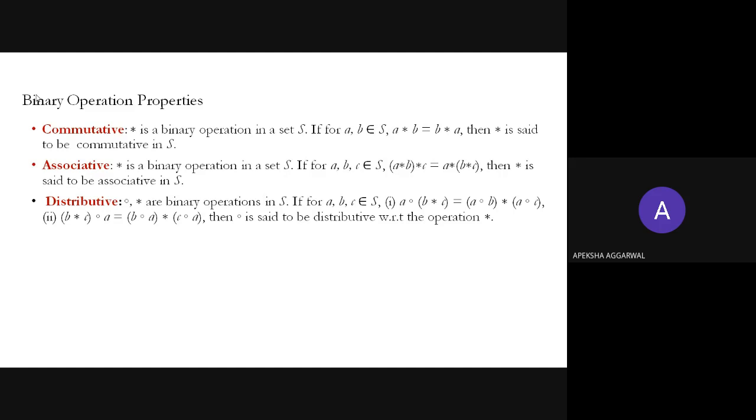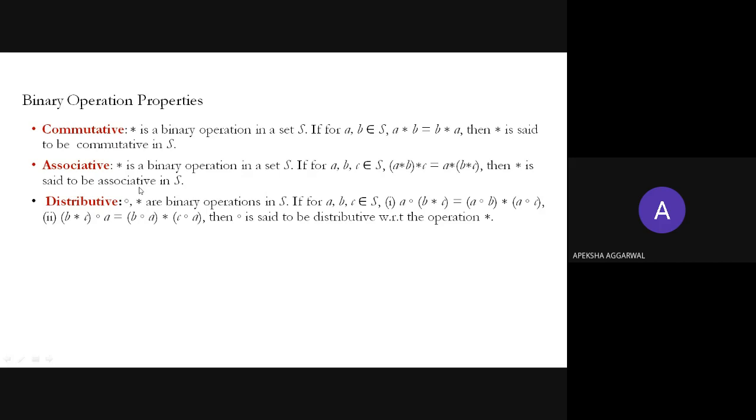Suppose star is a binary operation in set S, if for A, B belonging to S, A star B is equal to B star A, then star is said to be commutative, right? What is associative? If (A star B) star C is equal to A star (B star C), then star is said to be associative.